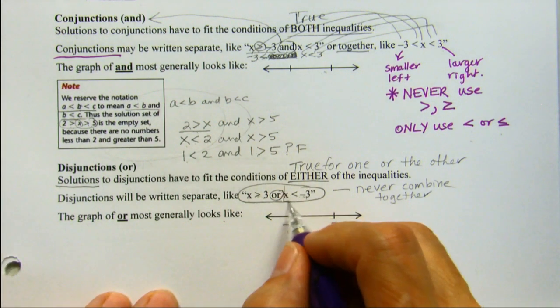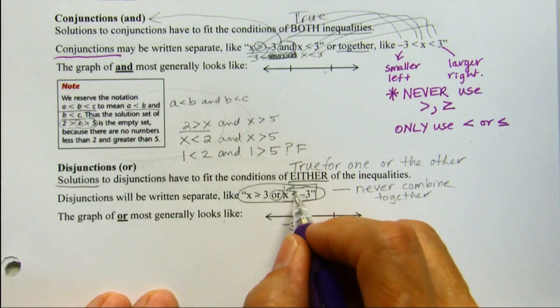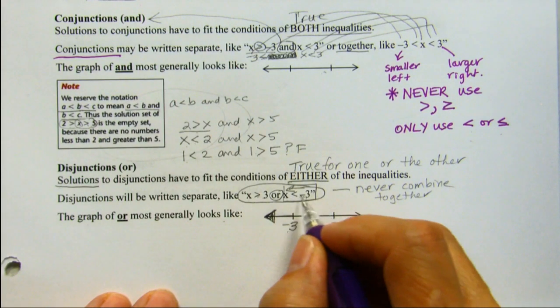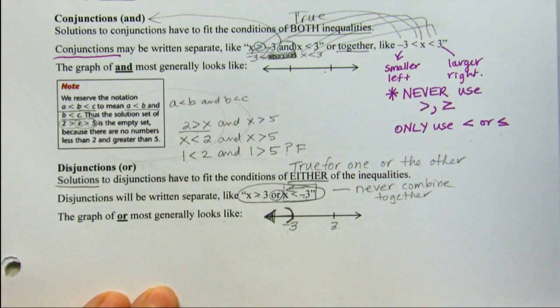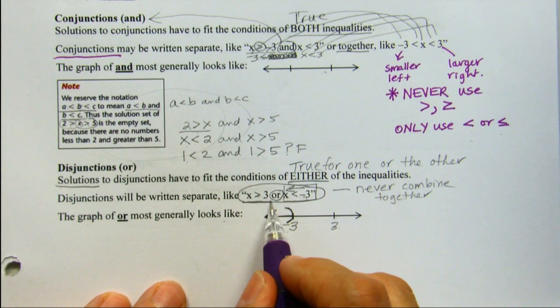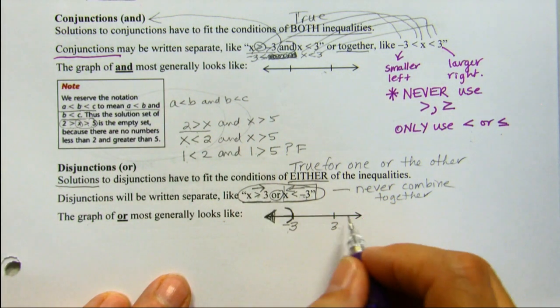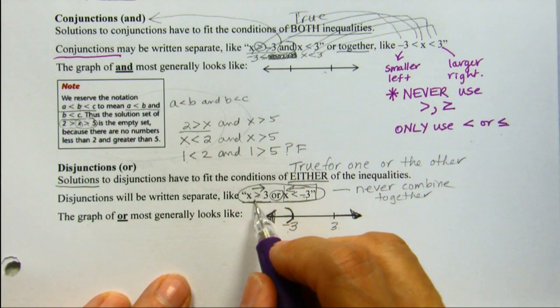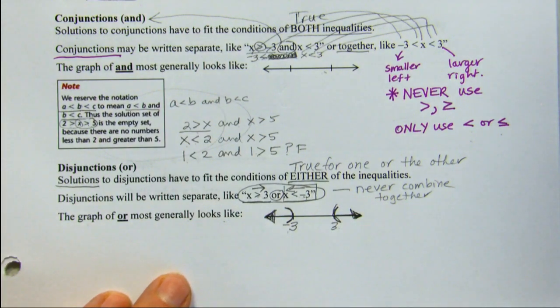So for my x is less than negative 3, the arrow points to the left, and it's strictly less than, so I have a parenthesis. On the x is greater than 3, the inequality points to the right. It's strictly greater than, so it's a parenthesis that opens up towards the arrow.